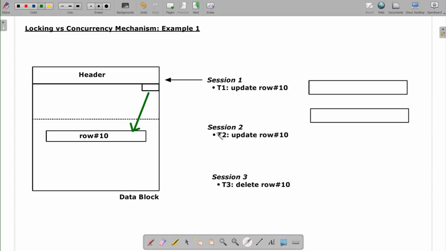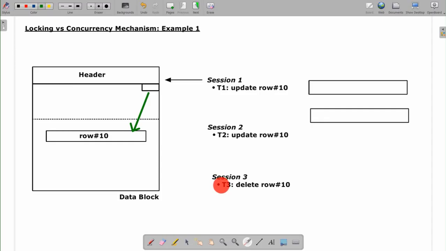Just right after, session 2 requested the same row for another update. Now session 2 will access the database block, but this row is being updated but not committed yet. So session 2 cannot access this row because of this locking mechanism.